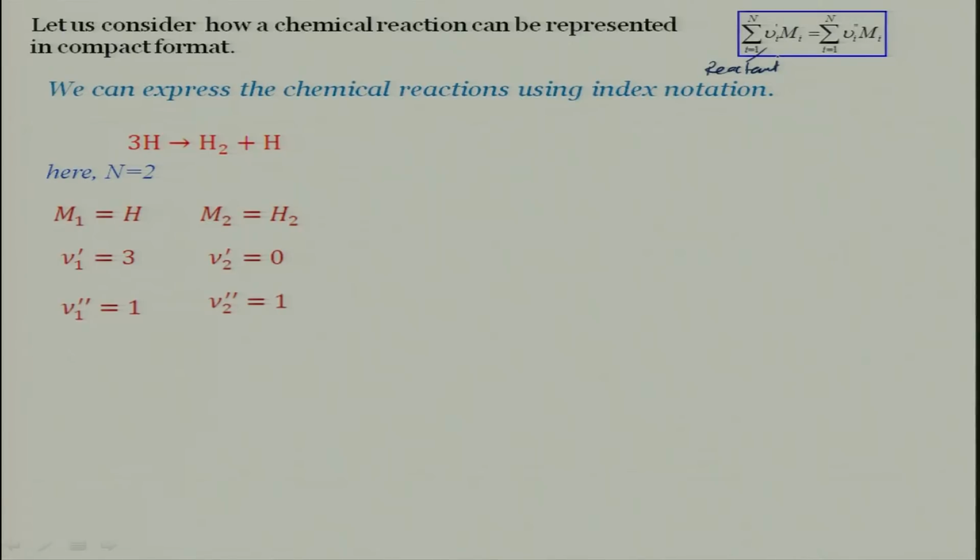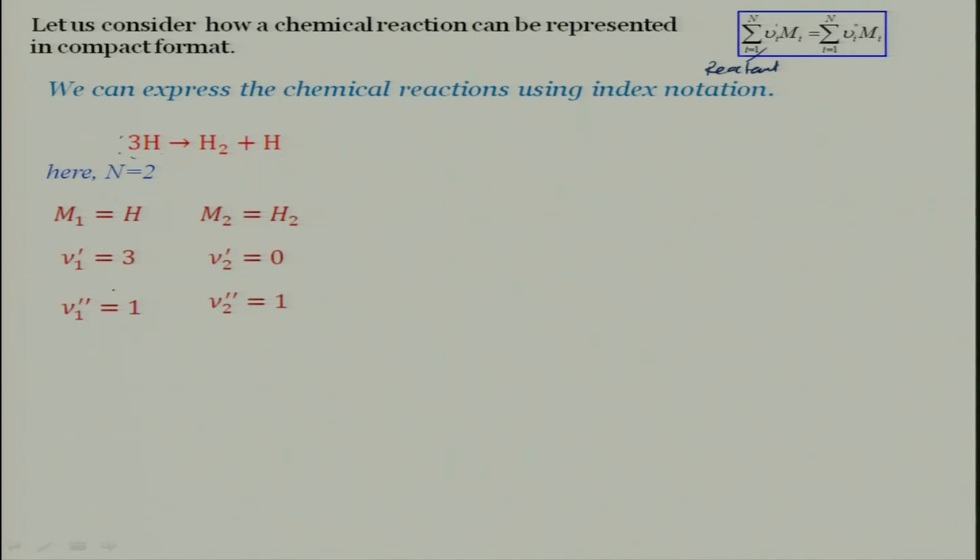So if I consider M1, H, nu 1 dash will definitely be 3, and what will be nu 2 dash? 0, because there is no H2 on the left hand side, in the reactant side. M2 is representing H2.